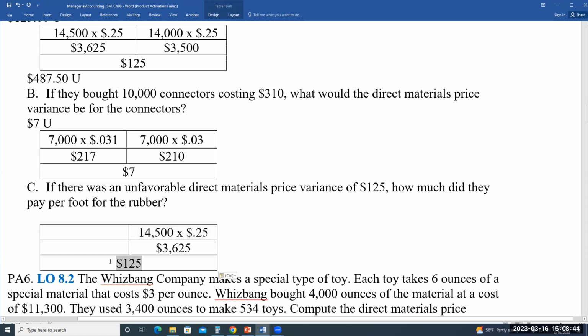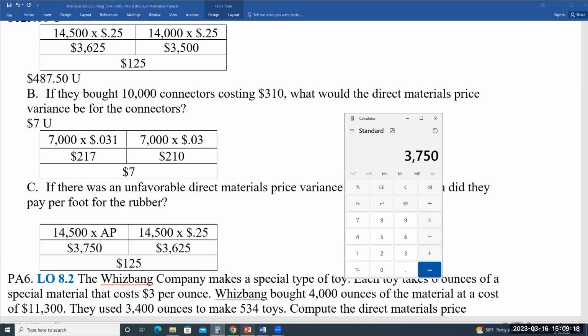So if the actual price was $125 unfavorable, is it going to be more than the standard or less? Be more, right? So we're going to add that over here, 3,750. Now, if we divide that by the actual quantity, we'll get the actual price. And we'll just round that to 26 cents.